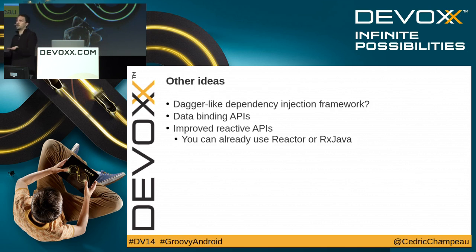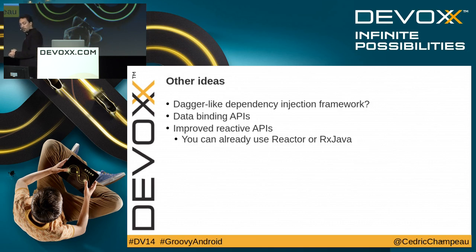For example, on the web side, we have Grails, obviously. But on the desktop side, we also have projects like Griffon. Griffon is for building Swing, well, not only Swing, but mainly Swing applications using Groovy and using our data binding APIs, etc. It's really nice to have that, and it would be very nice to have that in Android too, using all the features that we can provide with Groovy.